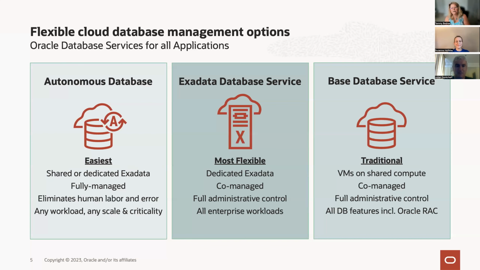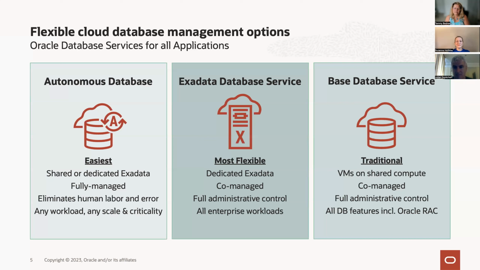Then in the middle, we have our Exadata database service in the public cloud. It's the most flexible because it supports pretty much any version of the database that you have today. It runs on a dedicated Exadata, so whatever compute and storage resources are allocated, they're dedicated to you. It is a co-managed system.